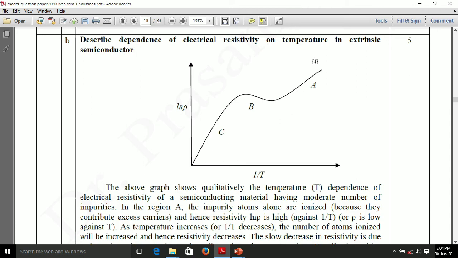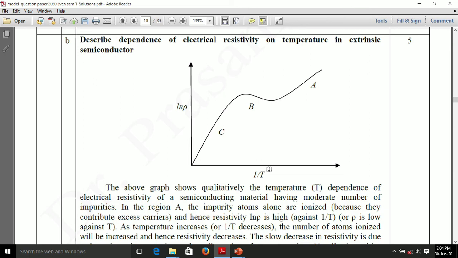This curve was discussed by saying that at very low temperature, ionization of only impurity atoms takes place, because intrinsic atoms need higher temperature for releasing the free electrons, so the resistivity decreases with increasing temperature because of the release of electrons by the impurity atoms.